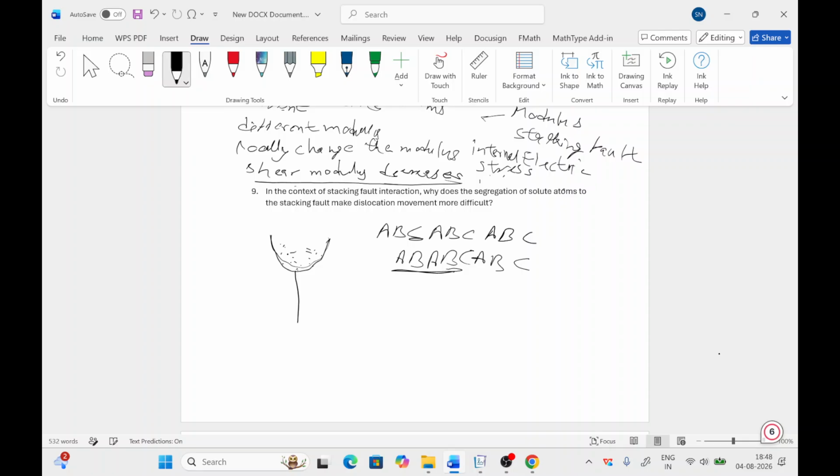Because of this clustering in the stacking fault area, they oppose the further joining of these two partials into one. That reduces the energy of the stacking fault.